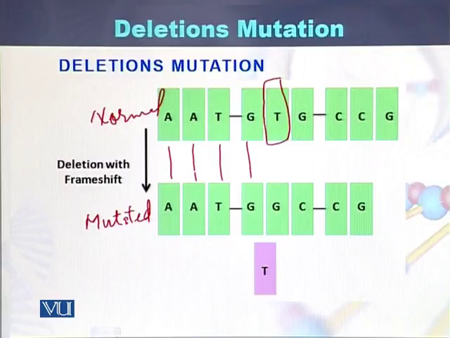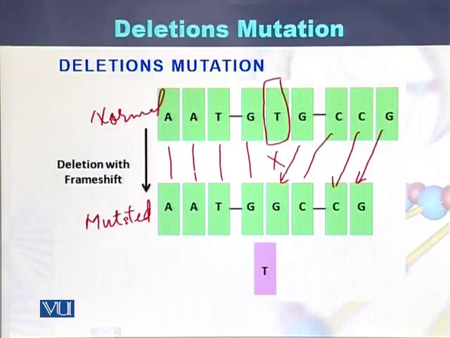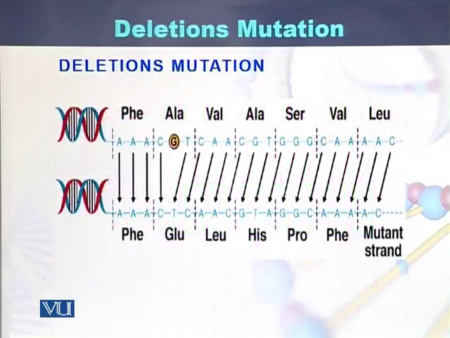This thymine has been deleted. So as a result, this G and this G have come here, then this C and this G. As a result of deletion, we see that there is a change in the sequence of the DNA as a result of the deletion of thymine.